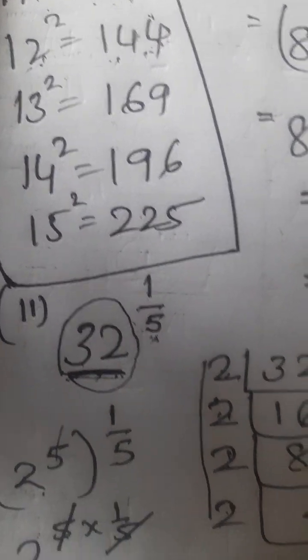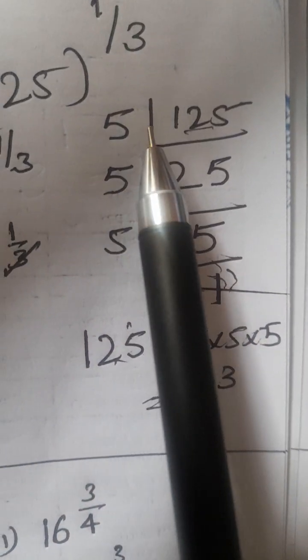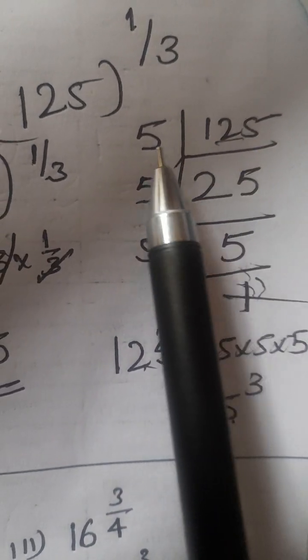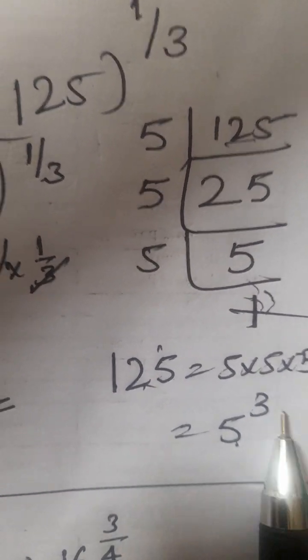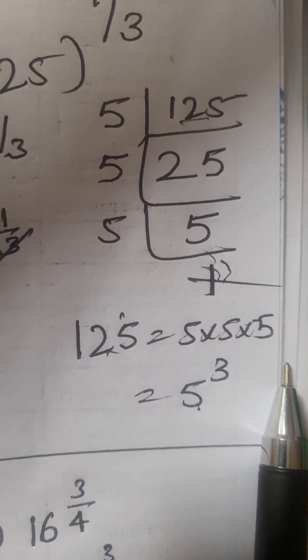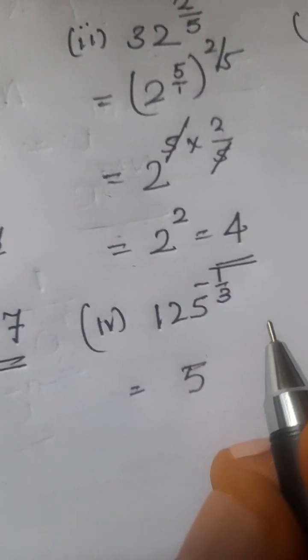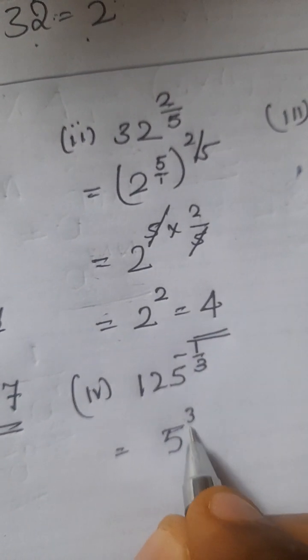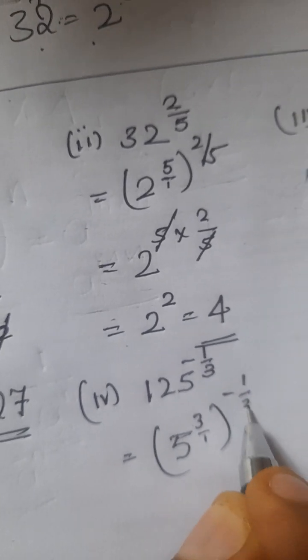So I will see by the factorization method. 125 can be written as 5, 5, 5, so 5 into 5 into 5, that is 5 to the power 3. So you are writing this as 5 to the power 3 by 1 whole to the power minus 1 by 3.